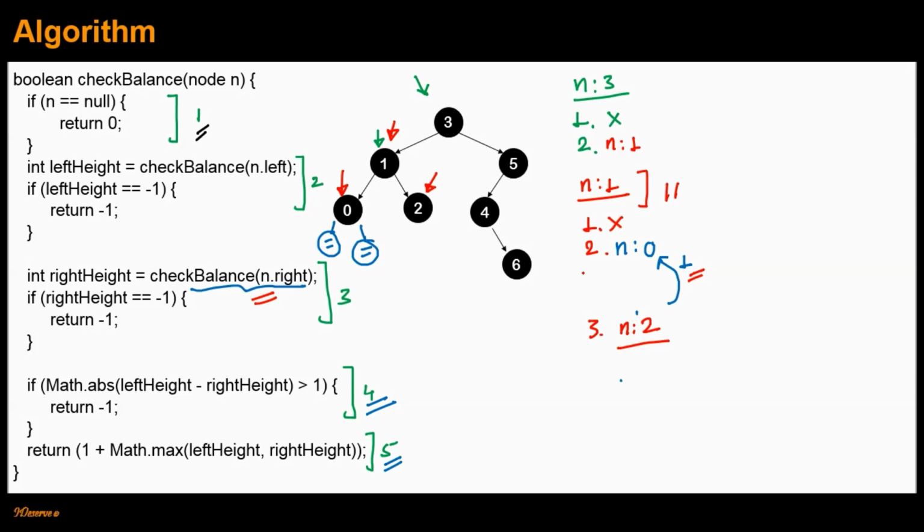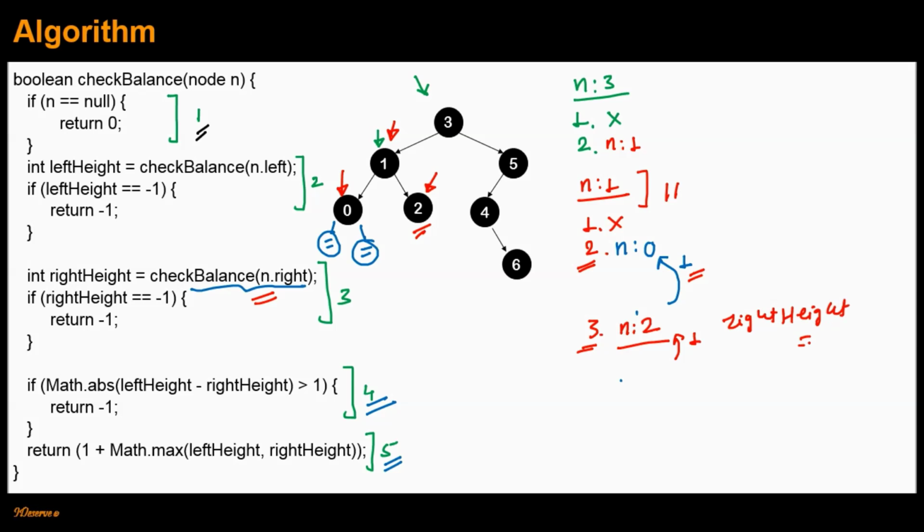Now you should be able to verify that, very similar to step number 2, step number 3 will also return 1 to indicate that the tree rooted at node 2 is also height balanced. So after completion of step number 3, what we have is height of right subtree stored as 1, right?